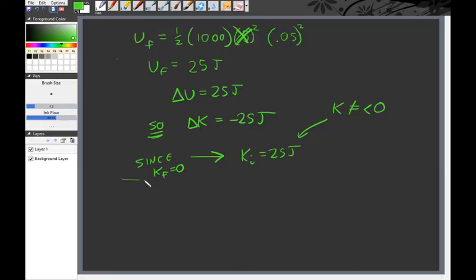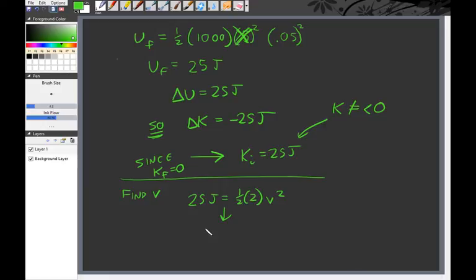So if you get a negative number for your kinetic energy, you're doing something a little bit wrong. All we have to do now is find out what V had to be, knowing that the initial kinetic energy was 25 joules. We know the mass, so this is going to be very straightforward. All we do is set 25 joules equal to 1/2 times 2 kilograms times velocity squared.